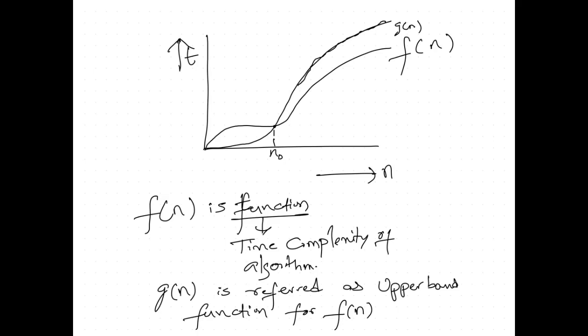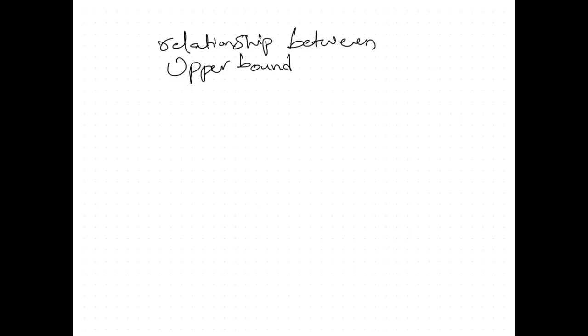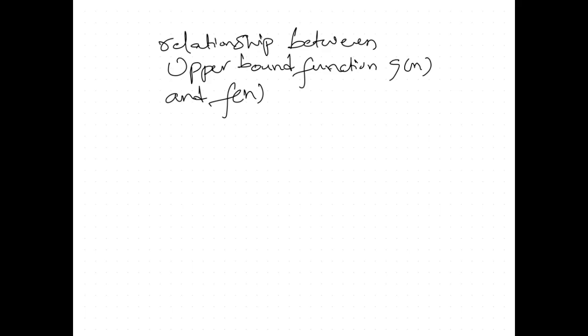So now what I'll do is establish a relationship between the upper bound function g of n and f of n, which is the algorithmic function.